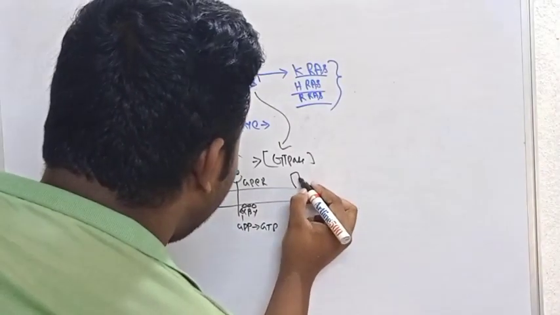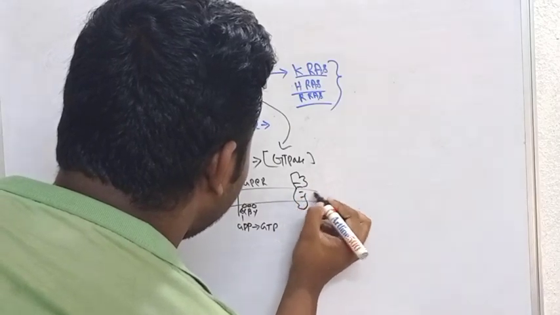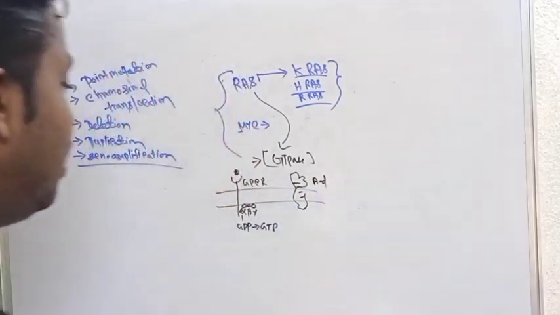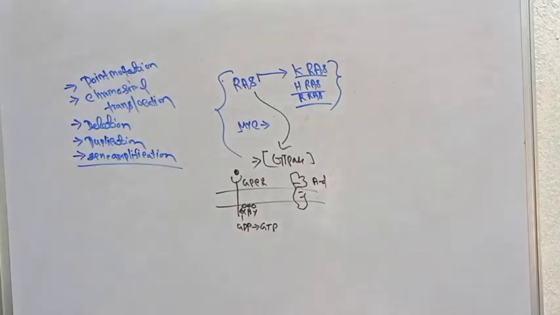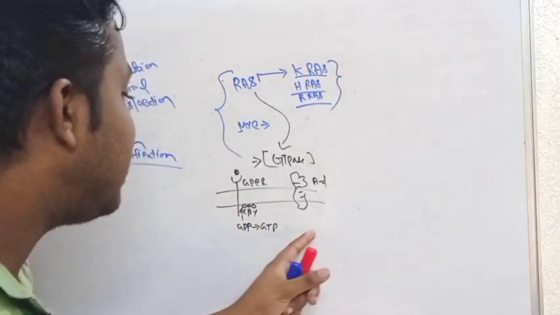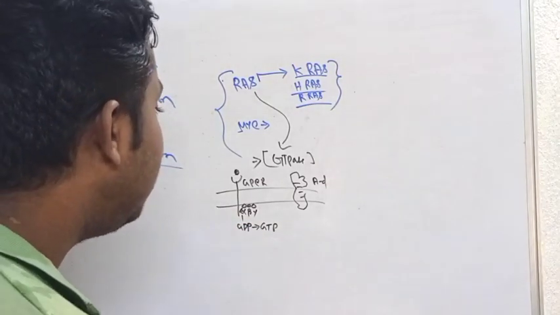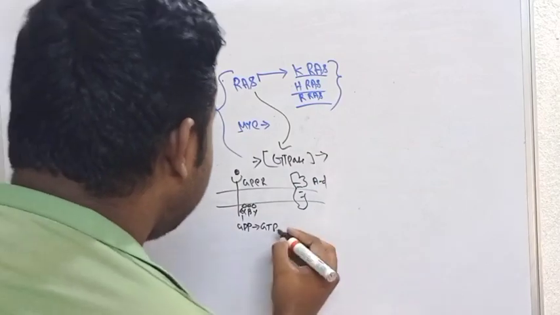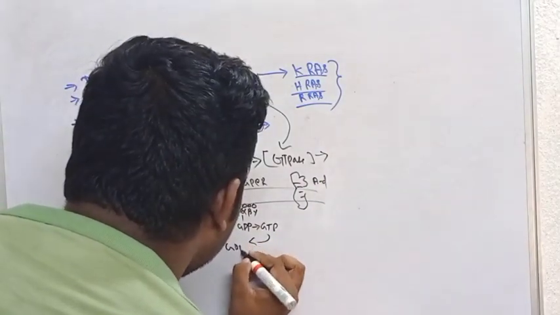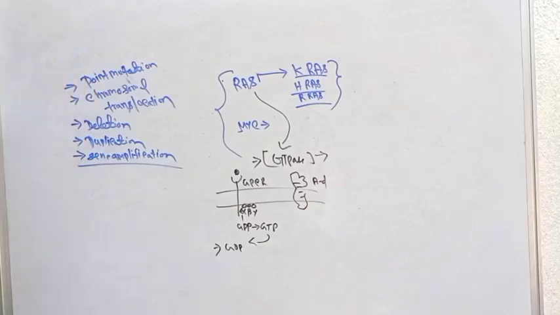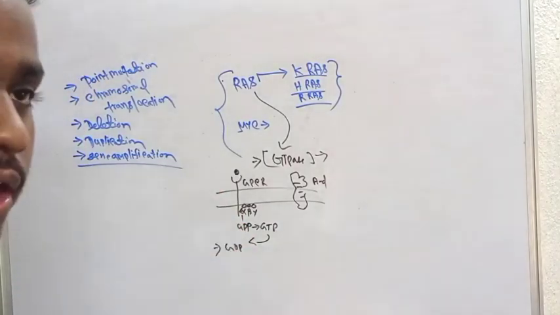This G protein activates a membrane-spanning enzyme called adenyl cyclase. After this activation, the G protein is inactivated by GTPase. GTPase breaks GTP down into GDP, the G protein is inactivated, and signaling is halted.